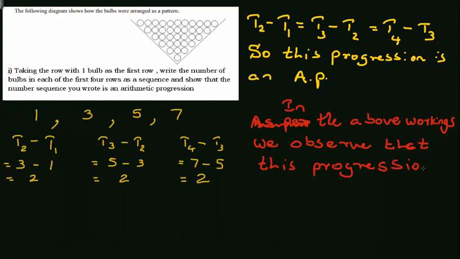What's the common difference? 2. What's meant by a common difference? When you subtract the subsequent terms, you always get 2. So in the above workings, we observe that this progression has a common difference.